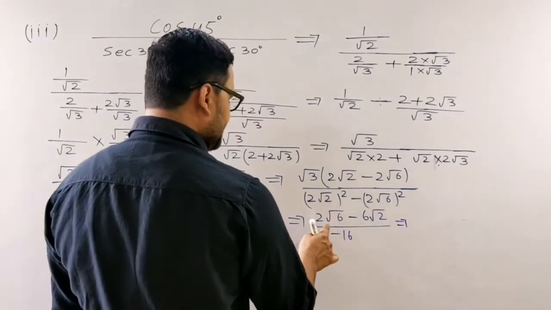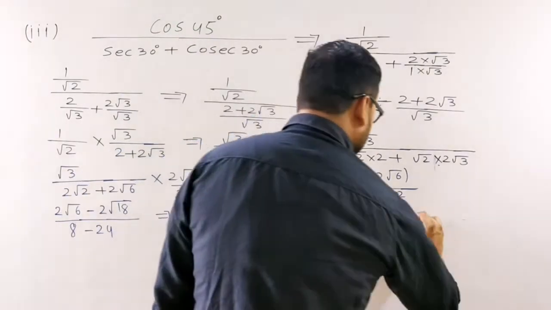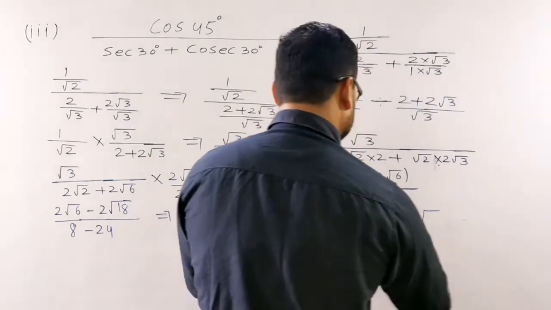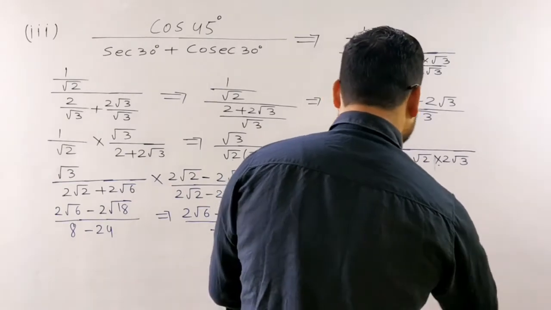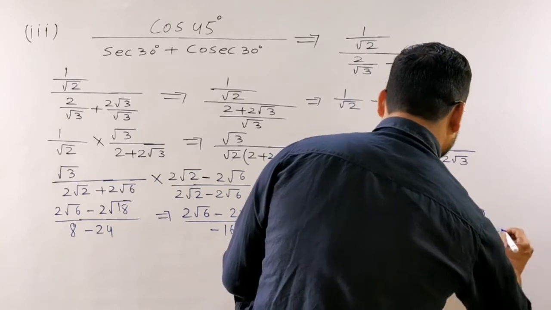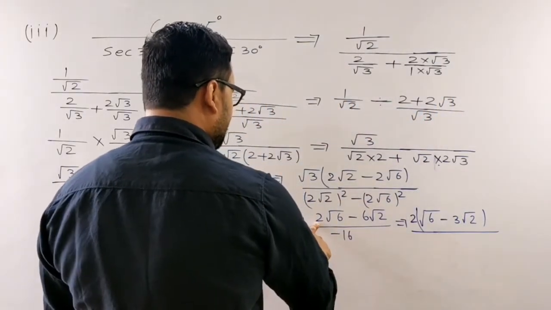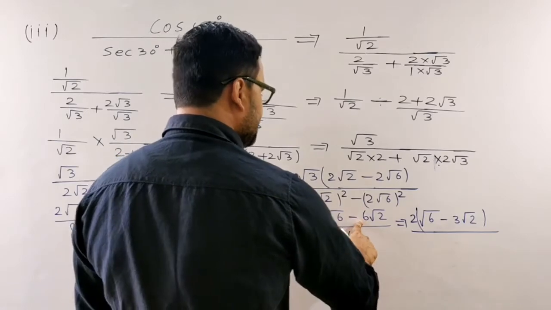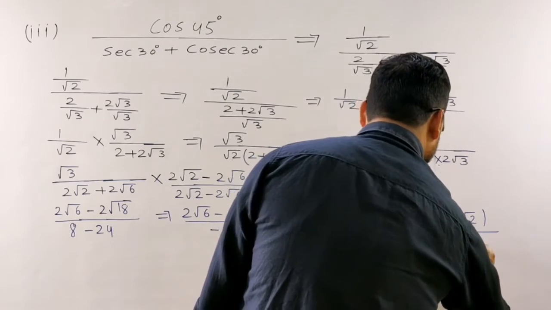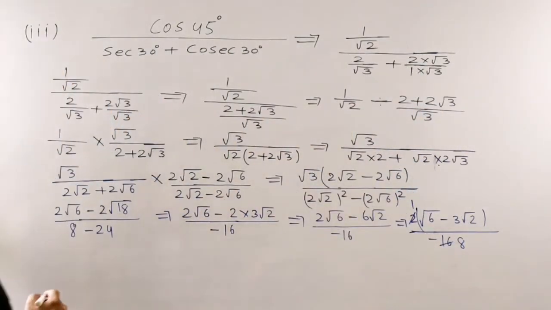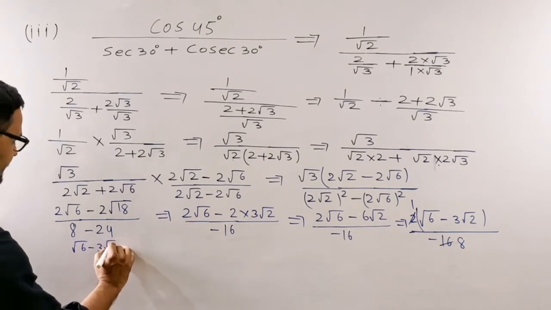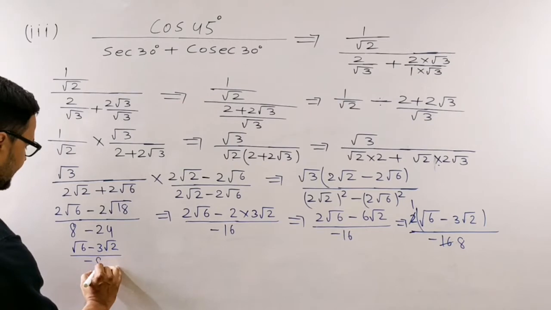Again, what we can do, we can take 2 common. If I take 2 common, I get root 6 minus 3 root 2, divide 2 common, then minus 16. I can cancel 1s are 8s are. So I got root 6 minus 3 root 2 and divide by minus 8.